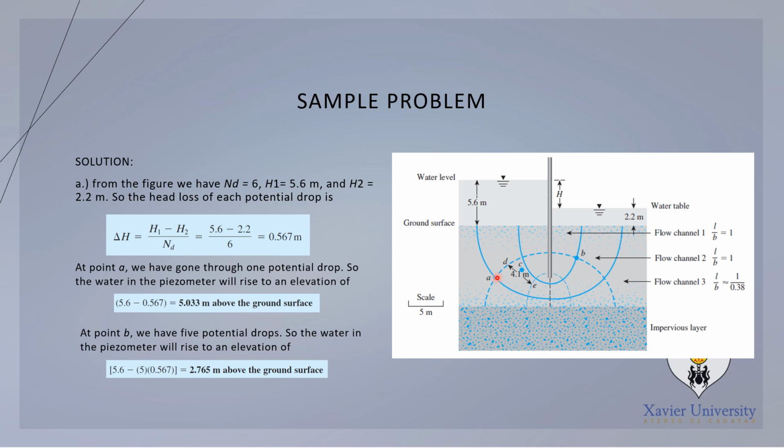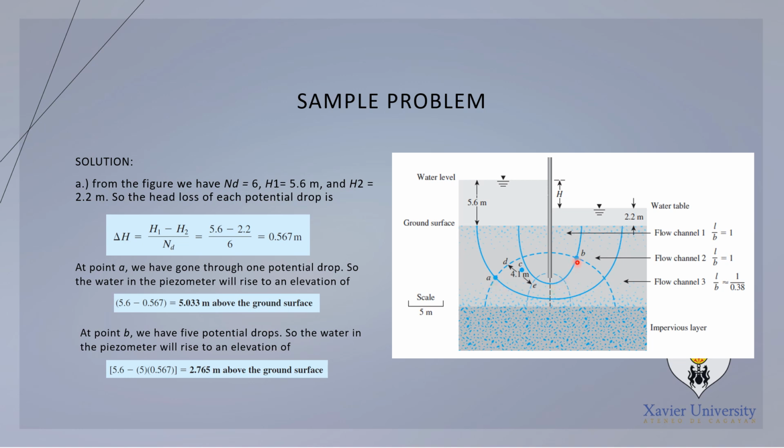So the water in the piezometer will rise to an elevation of 5.6, meaning ang atong tubig will flow man from the upstream to the downstream, meaning kung dili pa siya, ang iyahang pressure head is equal to 5.6, minus dayon kinaagi man siya isa ka square, so na siya head loss nga equal to isa ka 0.567, muna siya diri, that is equal to 5.033 meters above the ground surface.